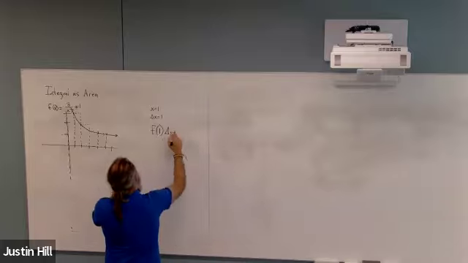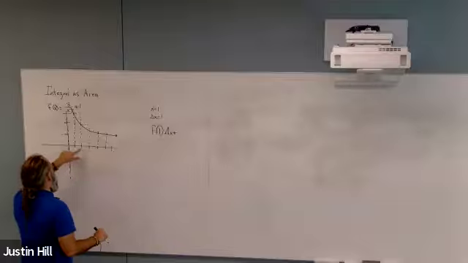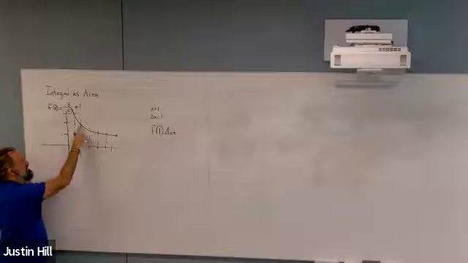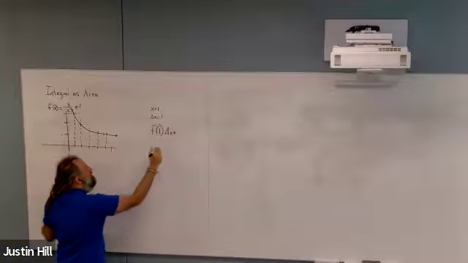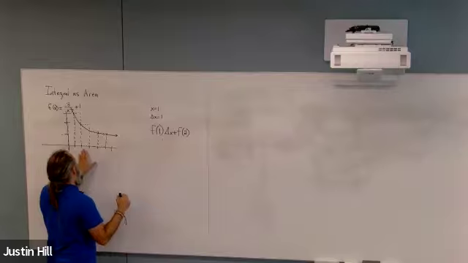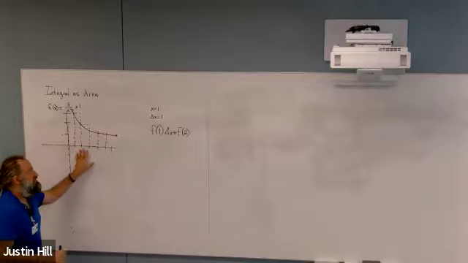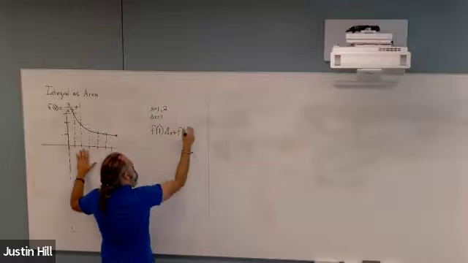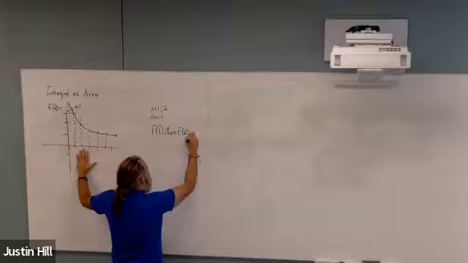Then I'd be adding the second rectangle. The height of that rectangle is f of 2, and the width is still delta x, with x equals 2 on the second rectangle.